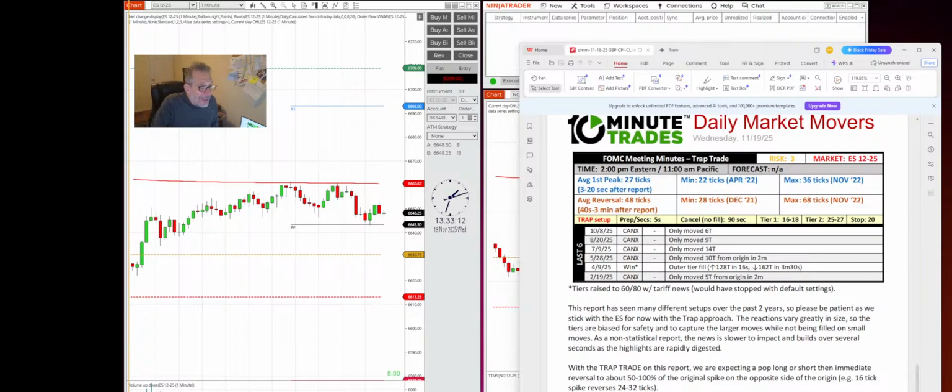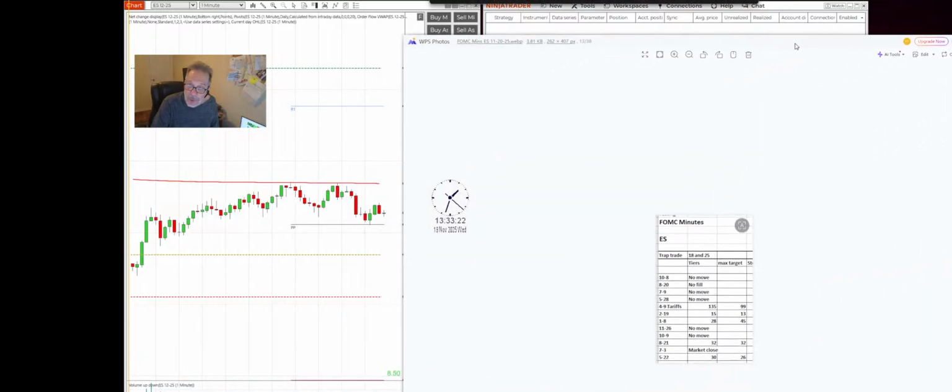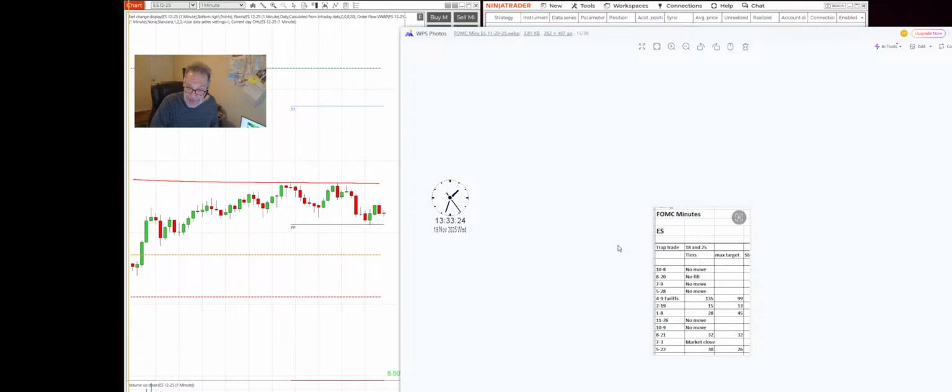Now, we create what we call a spike sheet. We look at a bunch of months on the report and we note what happened. So October no move, August no fill.